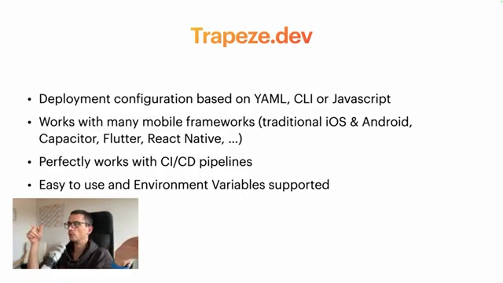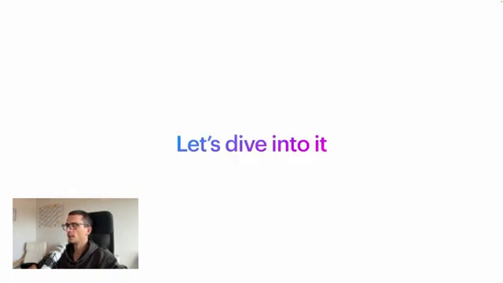It also supports environment variables. So if your CI/CD system injects environment variables, you can use them inside Trapeze for configuring your application before it's built. Let's dive in and take a look at how it works.